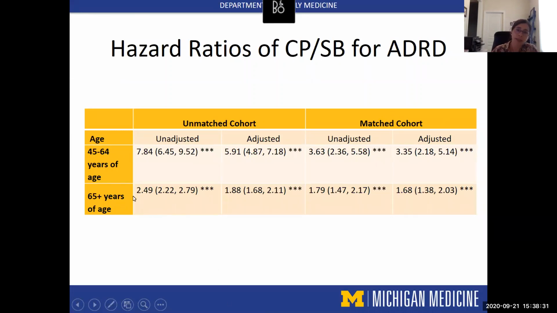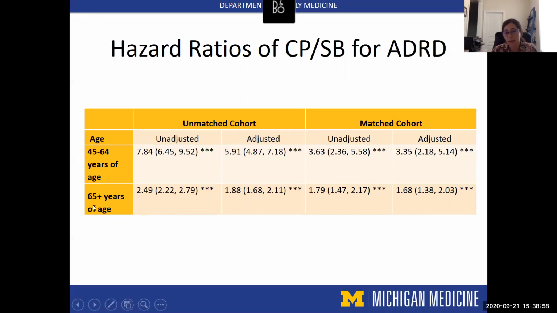So as you can see, early onset, the first row, among 45 to 64-year-olds, the hazard ratio is 7.8 times higher among individuals with CP and spina bifida. If you look at the last column for this age group, it's 3.3 times higher. The hazard ratio is about 3 for these individuals.